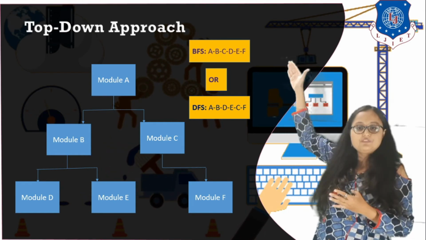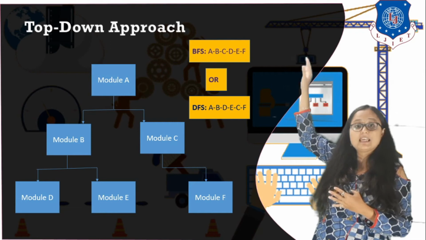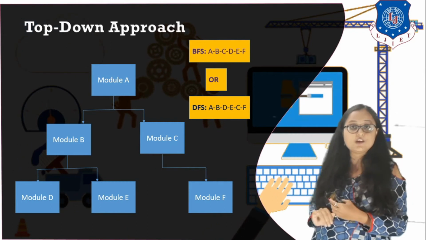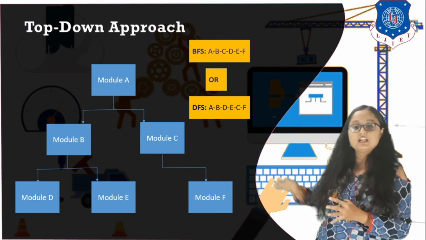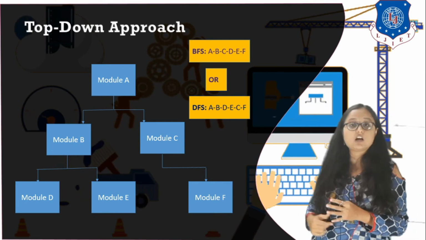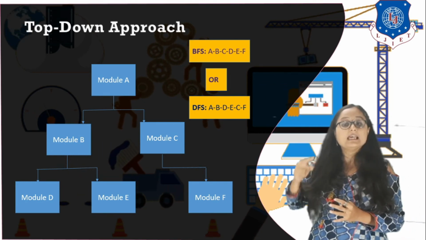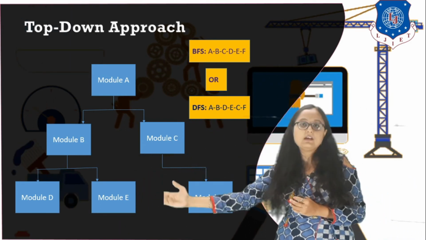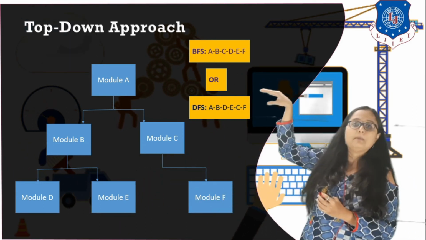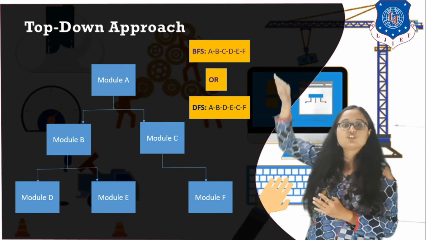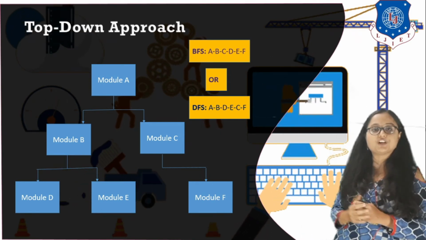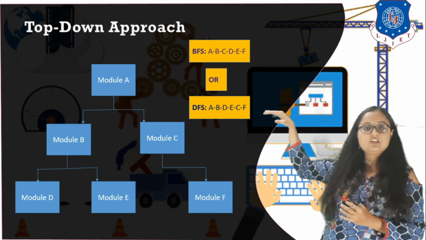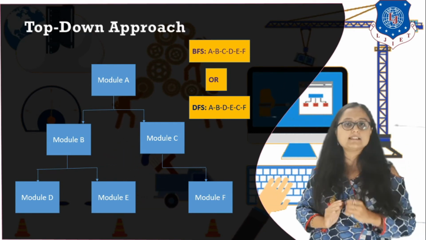For BFS, if I apply the breadth first search, A, B, C, D, E, F is the traversal. And if you apply the depth first search, the traversal is A, B, D, E, C, F. In depth first search, you first go to the depth and then you backtrack, whereas in breadth first search, you traverse the tree level by level, right? So that is the difference between BFS and DFS that you already studied.